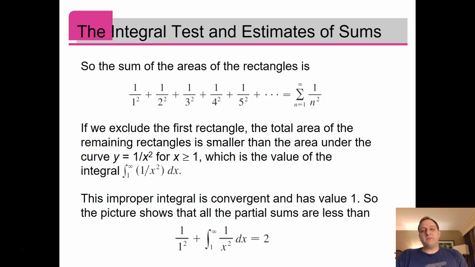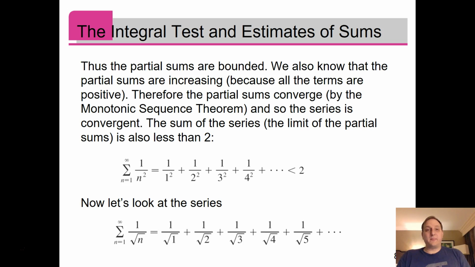So I have a sequence of partial sums for this series that's increasing and bounded above. And we can also say it's bounded below by 0. So it's monotonically increasing and bounded. And by the monotonic sequence theorem, we can then say that that sequence converges.